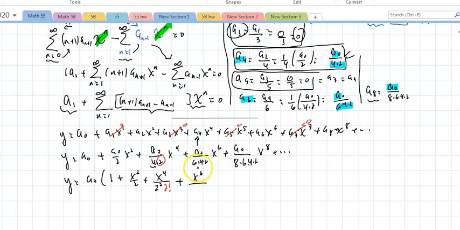6 times 4 times 2, well, 6 is really 3 factorial, and that is 2 times 2 times 2, which is 2 cubed, plus x to the 8 over, and if I look at the combination, so 4 factorial is 12, that's those right here. That will give you 4 factorial. You're left with 2 to the third times 2 squared. That's 2 to the fifth.